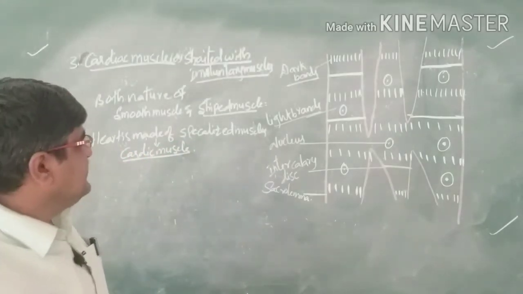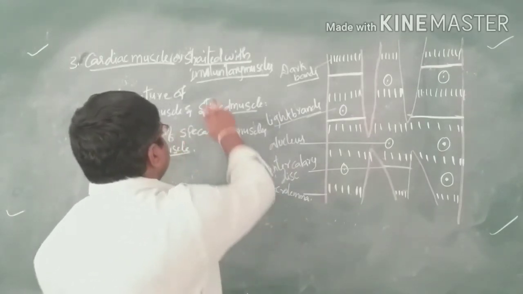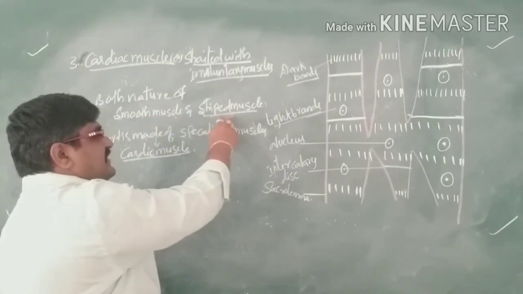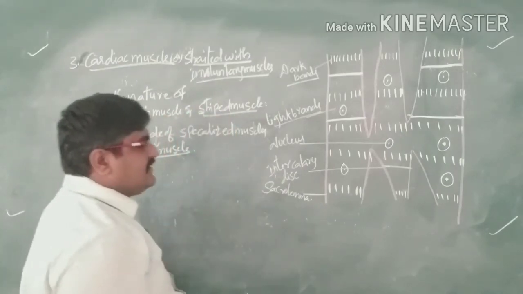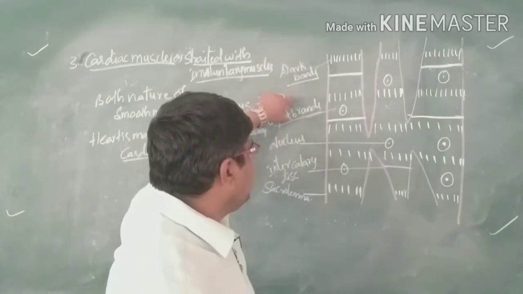So the cardiac muscles have both natures: the striped muscle character as well as the smooth muscle character. The striped muscle character consists of dark bands and white bands.